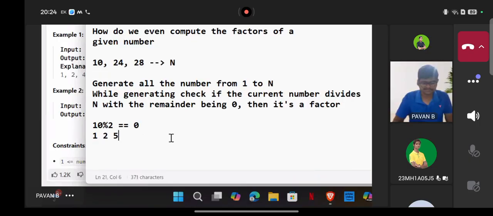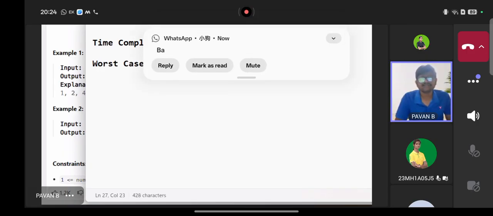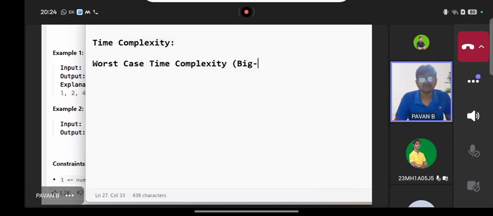For instance, in the world of programming, there is something called time complexity. And in time complexity, there is a concept of worst case time complexity. Worst case time complexity is always represented using something called big O, right? So this is called big O notation.